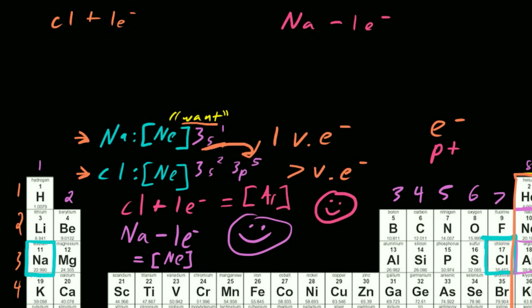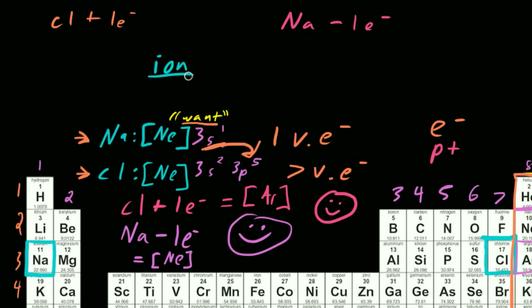And what we call them after an atom is a neutral atom, and through either losing or gaining an electron, now has a charge, is an ion.